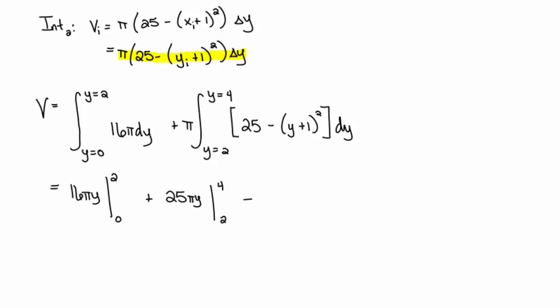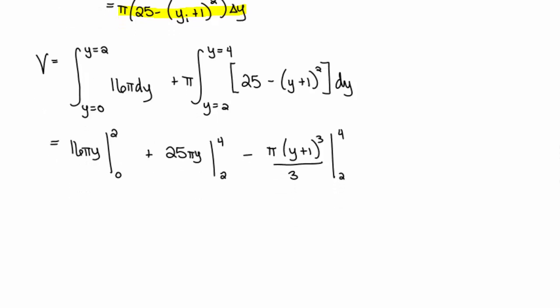And minus, this will be pi times y plus 1 cubed over 3, evaluated from 2 to 4. And if you do the computations from this point forward, it's just computations, and I think this comes out to be 148 thirds pi. That's what it comes out to be. I could be wrong about that, but I don't think I am.